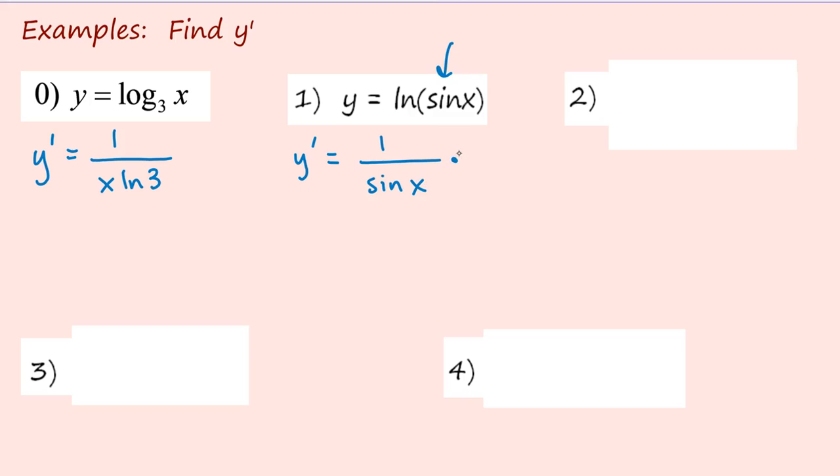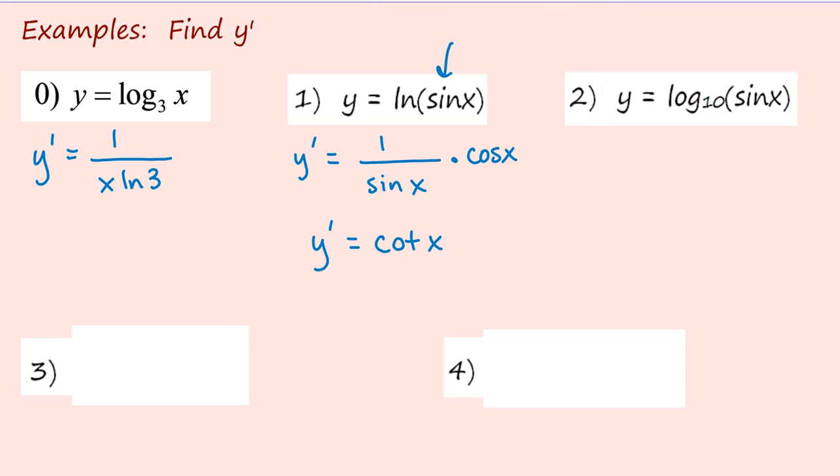We have to use the chain rule. So the 1 over sine x was the derivative of the outside, the derivative of the natural log function, and then times the derivative of the inside. Derivative of the inside is cosine x. This one is pretty easy to simplify because we know that cosine x over sine x is cotangent x.